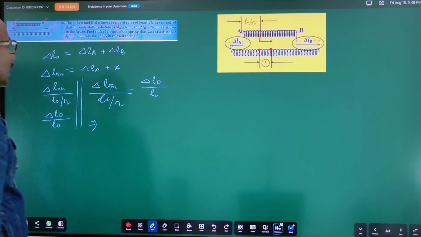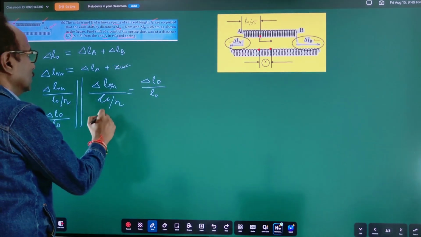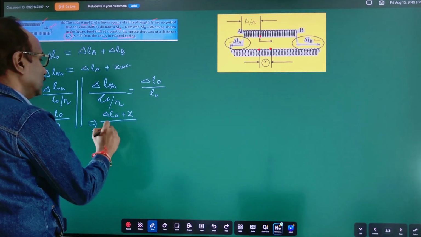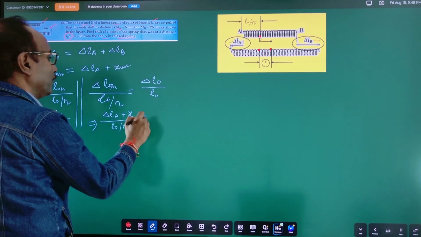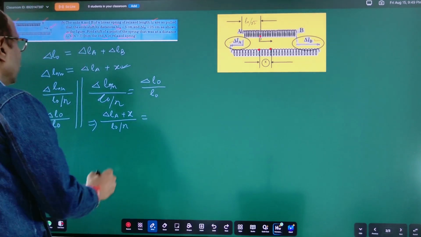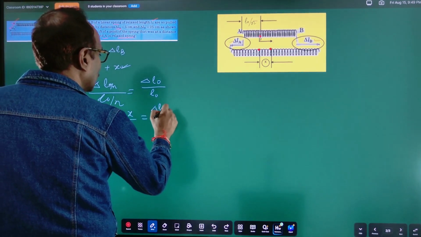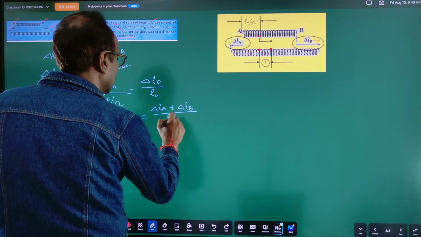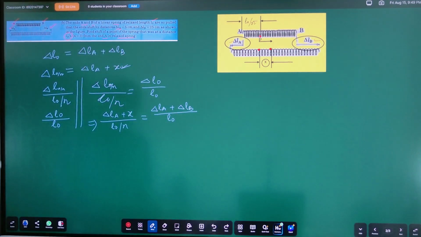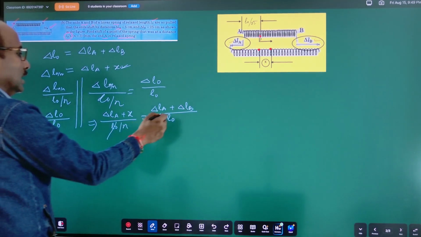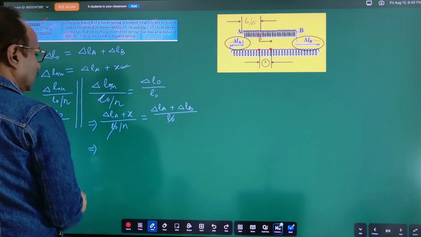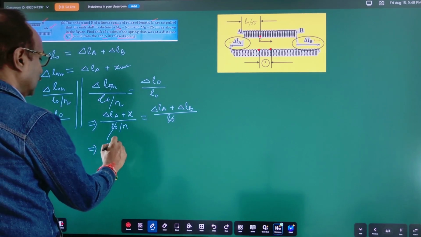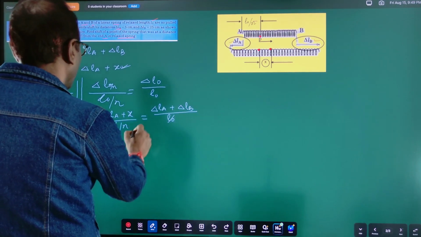So delta LA plus x divided by L naught by n, and delta L naught is delta LA plus delta LB divided by L naught. So your L naught and L naught will cancel out.